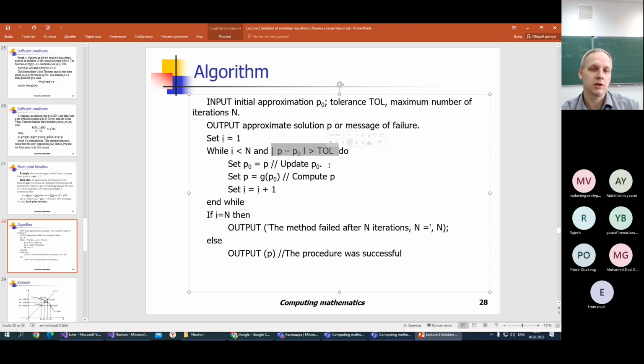We update the value of P0 and we compute the new value of P as g of P0. And after that, we increase the count. When the loop is finished, if the number of steps equals n, then the method has failed. Otherwise, the procedure was successful.